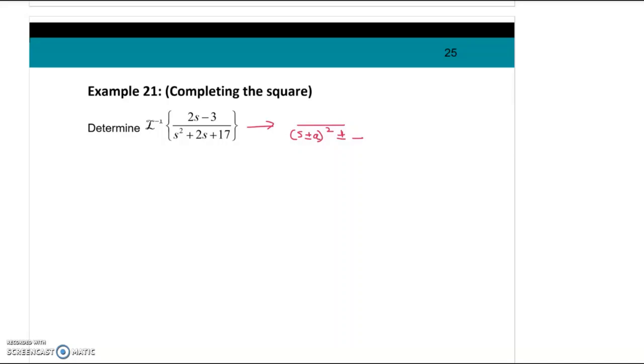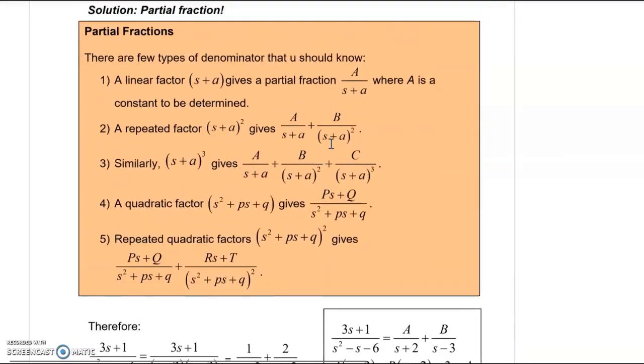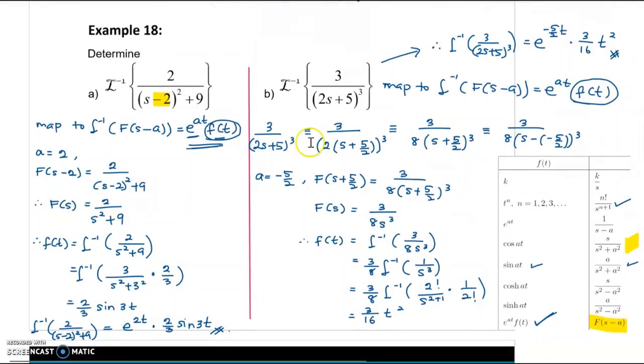If we can rewrite the expression that we have here to be in this form, then we can map to the table. After we have written in this form, we can see this is something that we have done in a previous discussion, something like example 18.